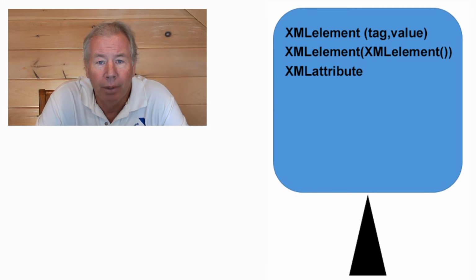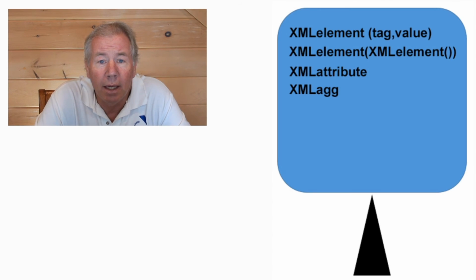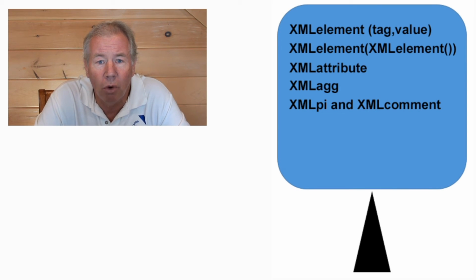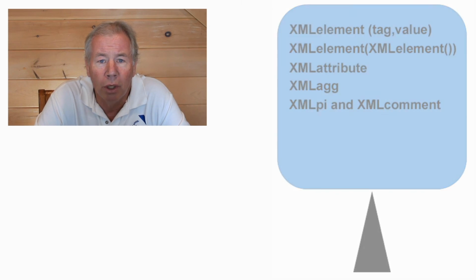XML attribute function, real easy to use. We then looked at the XML aggregate function, sort of self-explanatory, as were the XML PI or processing instructions and XML comment functions. Again, real straightforward and easy to use.